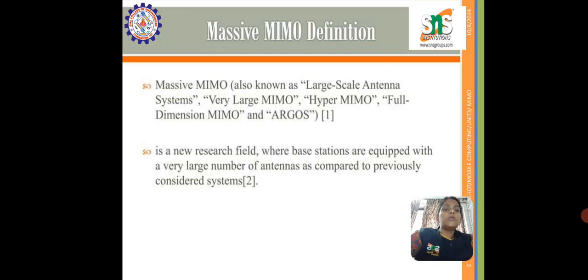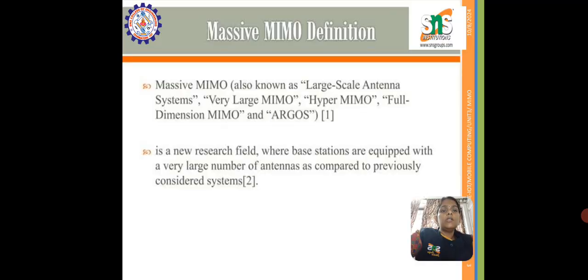So massive MIMO is a large scale antenna system, or you can say a very large scale MIMO system, or hyper MIMO, or full dimension MIMO. It is multiple input and multiple output, where it has multiple transmitters and multiple receivers.